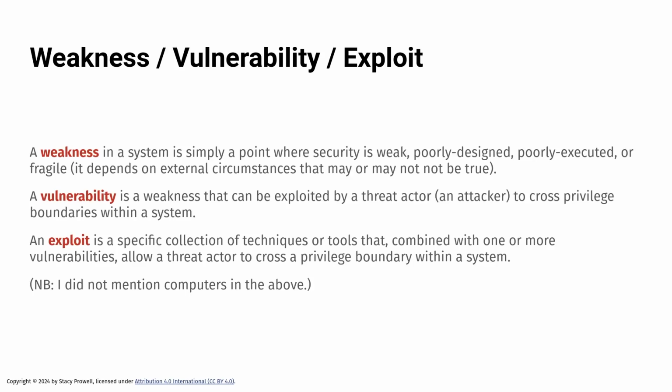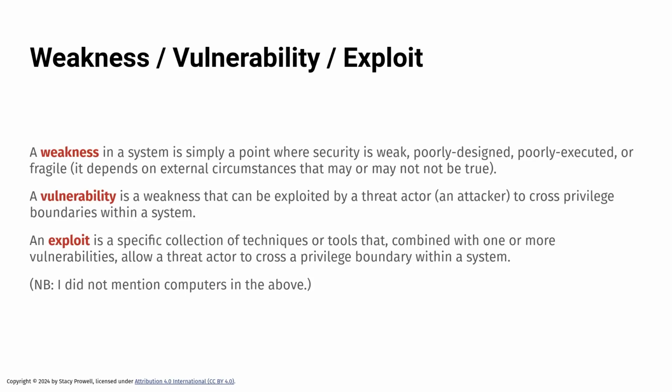It can be poorly executed because maybe the security guard you hired has a second job, he's tired and he falls asleep. It can be poorly designed because the cameras you installed are not looking in a good direction. And it can be weak because maybe you picked a particularly bad type of alarm system that's easily bypassed.